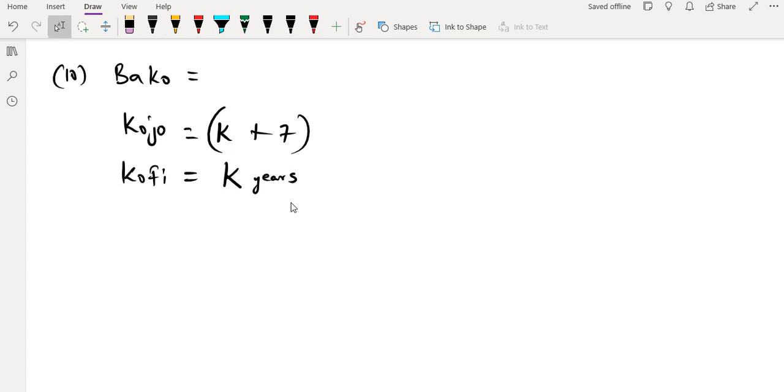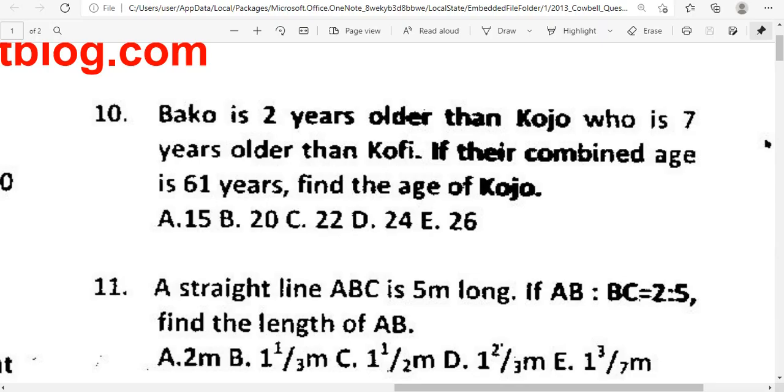So add Kofi's age to 7, you'll get Kojo's age. Then how old will be Bako? 2 plus K.